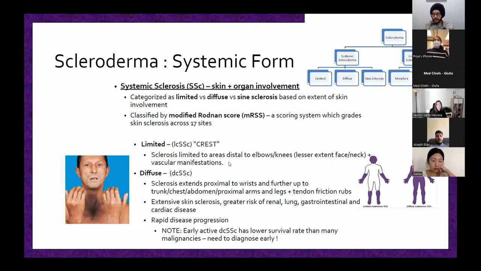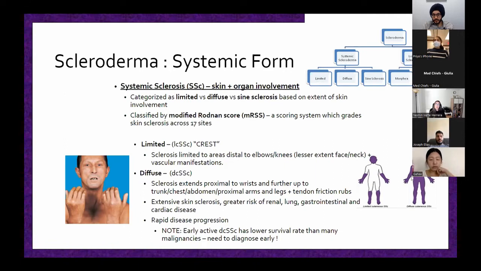So limited scleroderma, also known as CREST, is limited to the areas distal to the elbows and knees, sometimes can involve the face and neck, and it also has vascular manifestations. Contrary to that, diffuse scleroderma extends proximal to the wrist by textbook definition, and can involve the trunk, the chest, the abdomen, arms and legs.